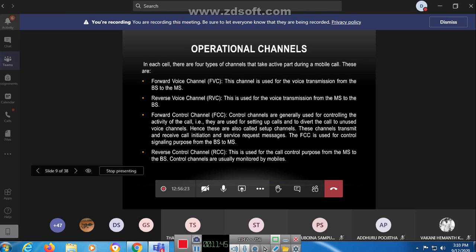Here you have to remember that when we forward the channel from base station to mobile station, that is the outgoing call. When we call another person, we transmit the signals from that end. The other person receives the signals, and then again they reverse, they forward the signals.